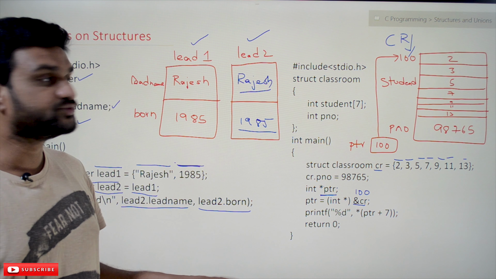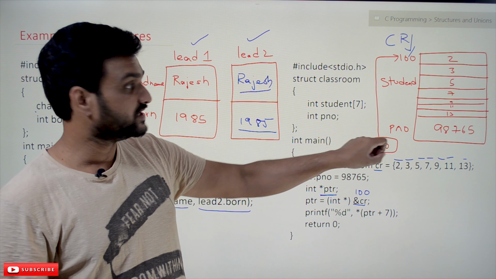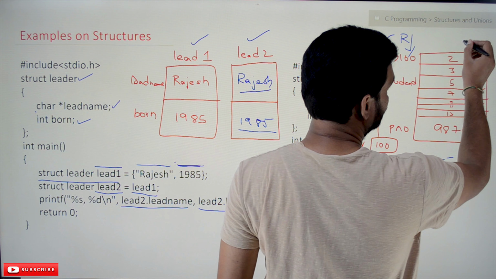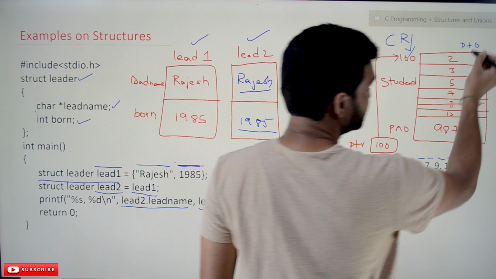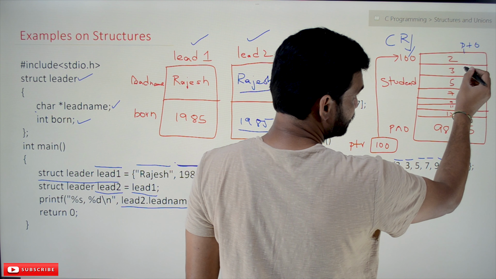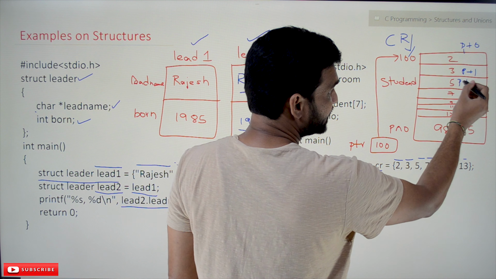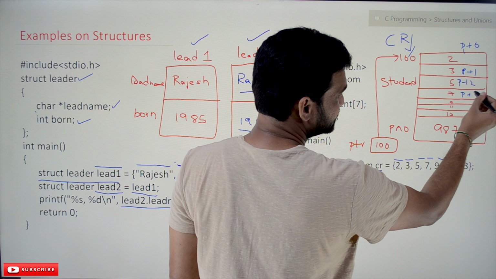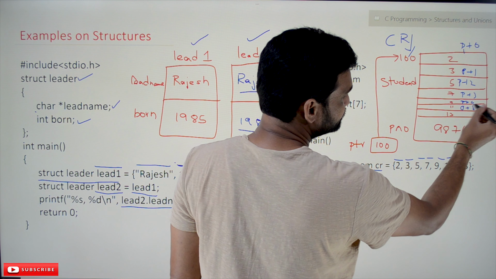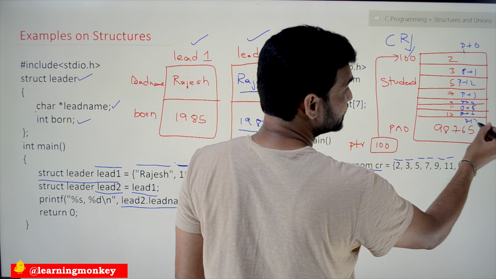We haven't used the member names. PTR plus 7 means this is PTR plus 0, PTR plus 1, PTR plus 2, PTR plus 3, PTR plus 4, PTR plus 5, PTR plus 6, and this is PTR plus 7.